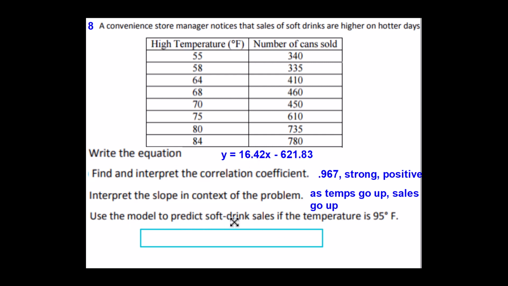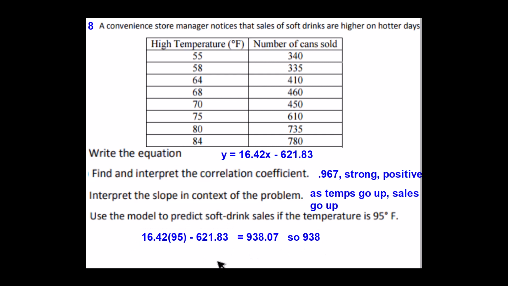Use the model to predict soft drink sales if the temperature is 95 degrees. Okay, so let's see how to do that. We're going to take our equation. We're going to substitute in 95 for x. If you have this graph, you can also use the graph to answer, but I'm going to use the equation. So we're going to put 95 in for x. X is always the input.